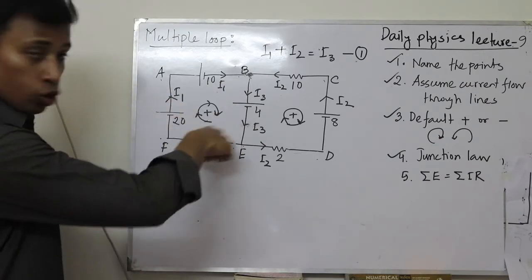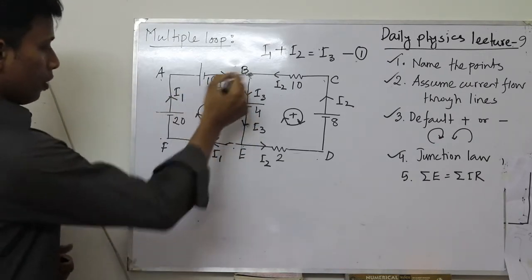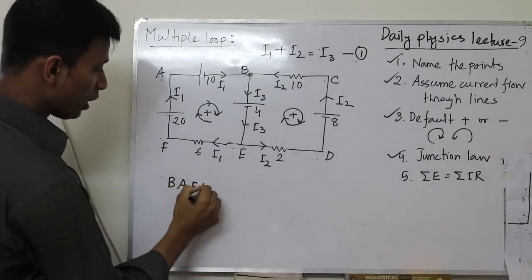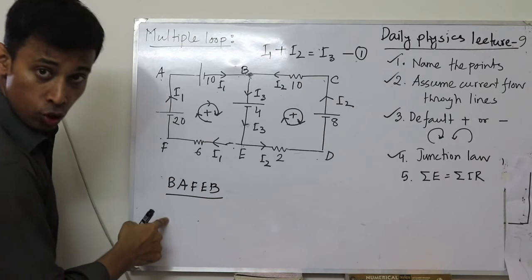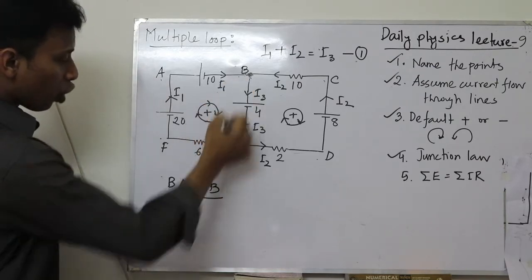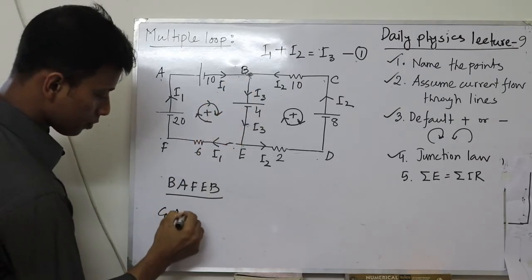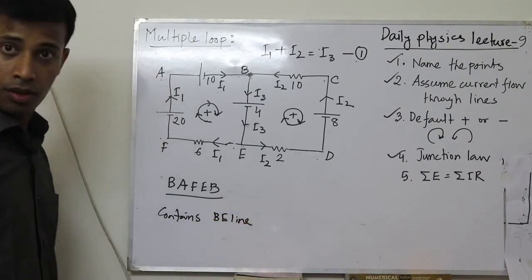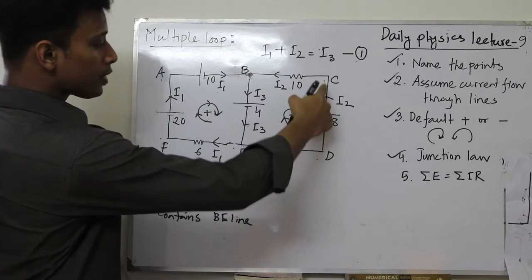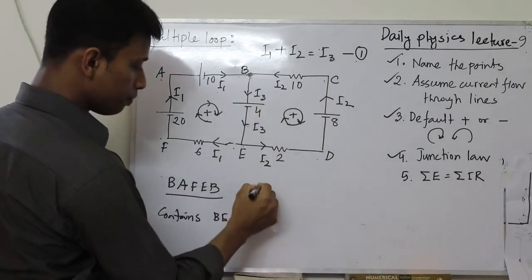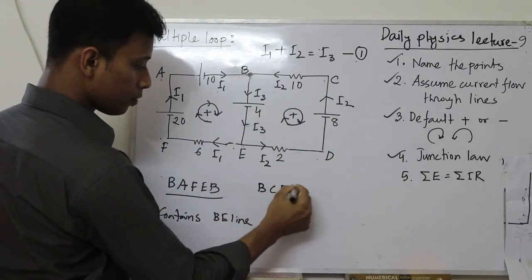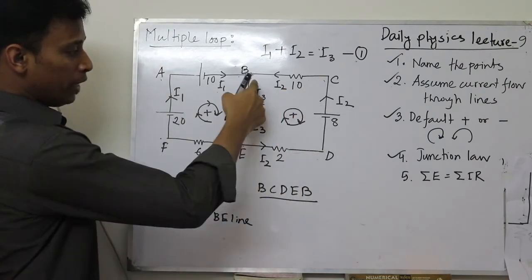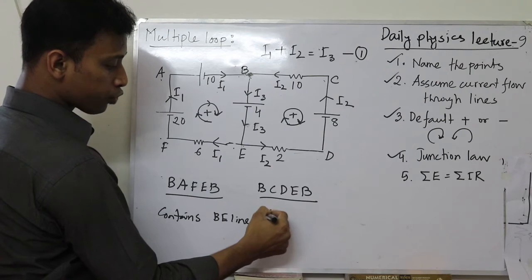If we take this loop BAFEB, it contains it, and if we choose BCDEB, this also contains it.